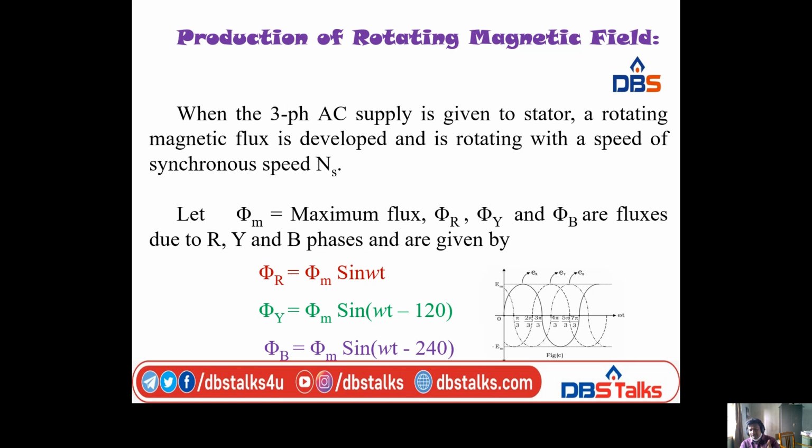That's why phi b is equal to phi m sin omega t minus 240 degrees. So these are the equations of flux due to R, Y, B phases respectively. Right? Now look at the picture clearly.